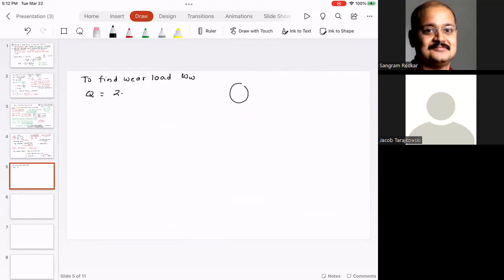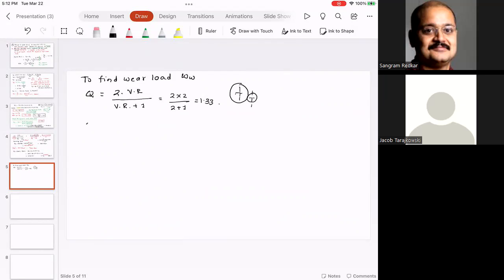What do we mean by external gearing? That this is something gearing like this. So the equation for this is 2 times VR divided by VR plus 1. So 2 times 2 divided by 2 plus 1, which is 1.33.